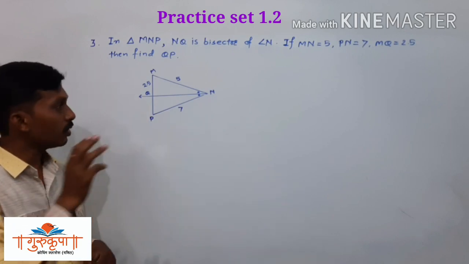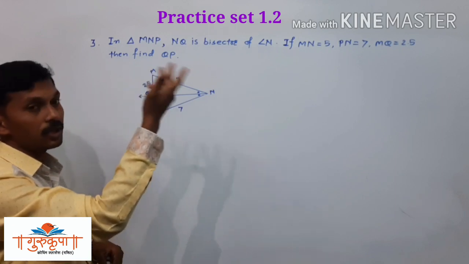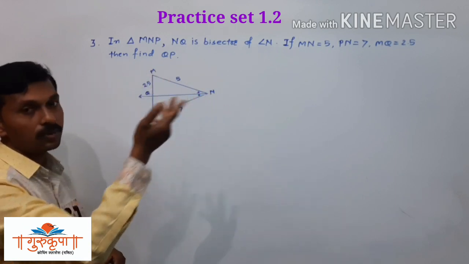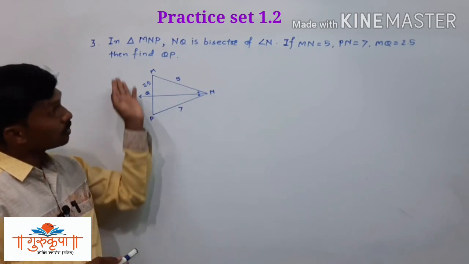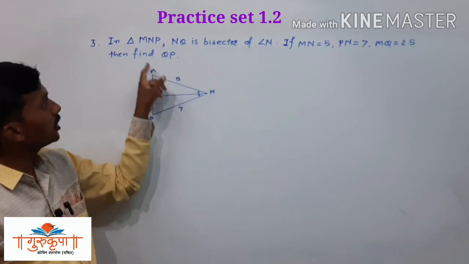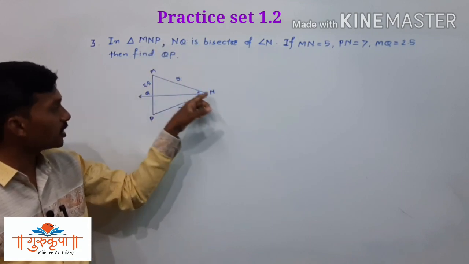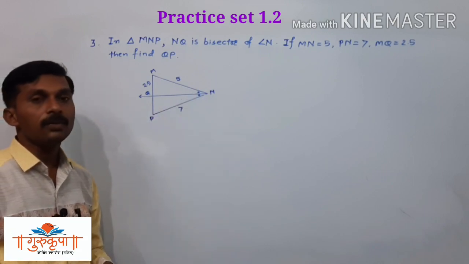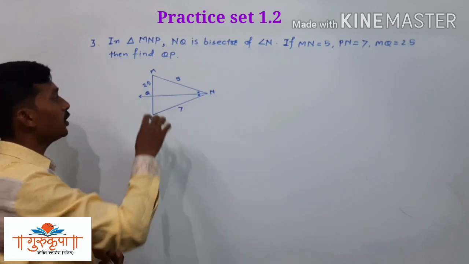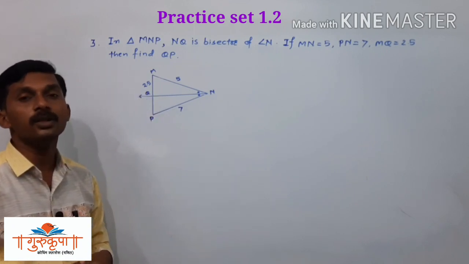We are not going to use the basic proportionality theorem, the converse of the angle bisector theorem, or the converse of the basic proportionality theorem. What we have to use is a very important thing. Since QN is the bisector of angle N, we can use only the angle bisector property to find this segment QP. We do not have any other option.